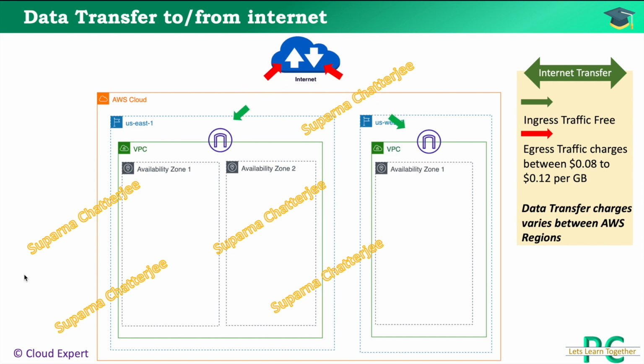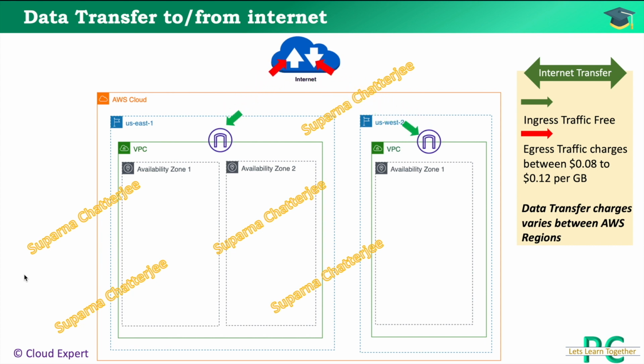There is no charge for inbound data transfer across all services in all regions. If you are taking data into the AWS Cloud, AWS will not charge you a single cent. But the returning egress traffic is chargeable, at between 8 cents and 12 cents in US dollars per GB of data.